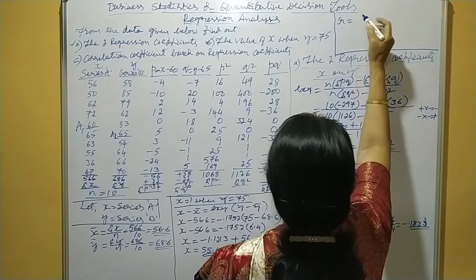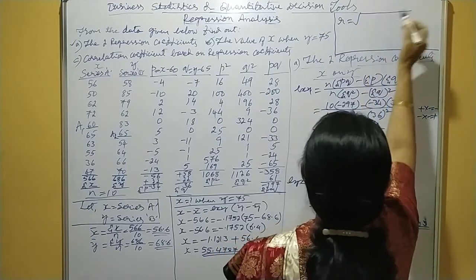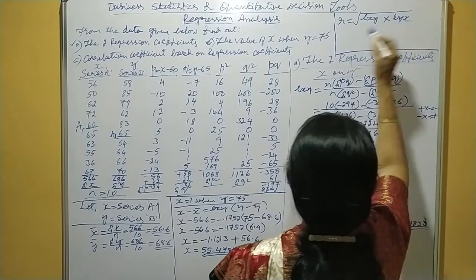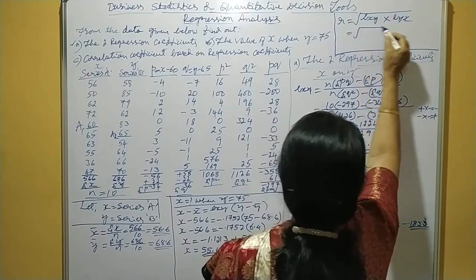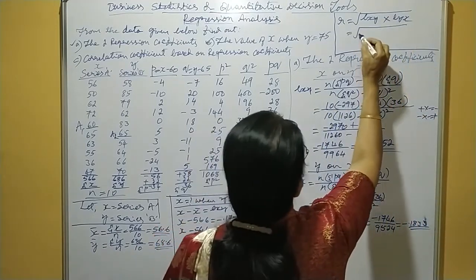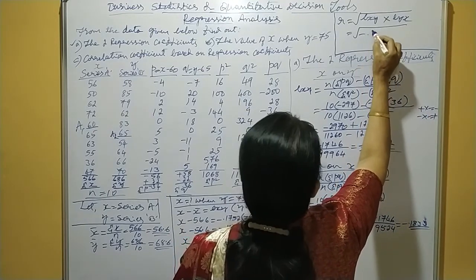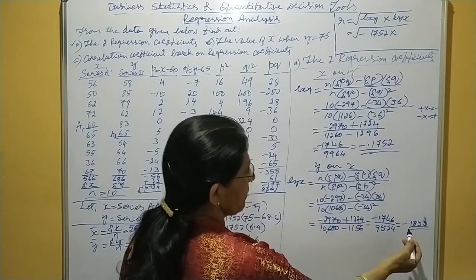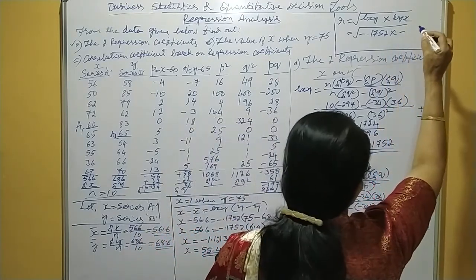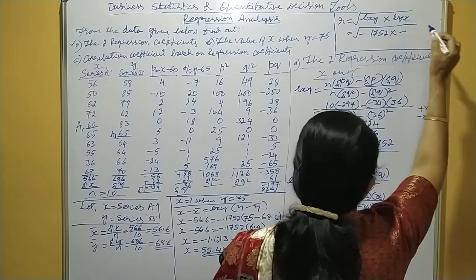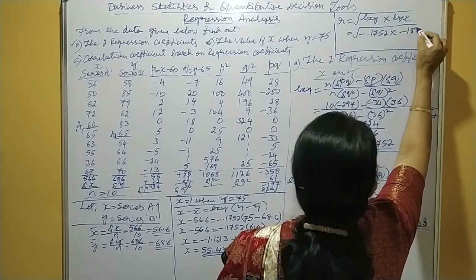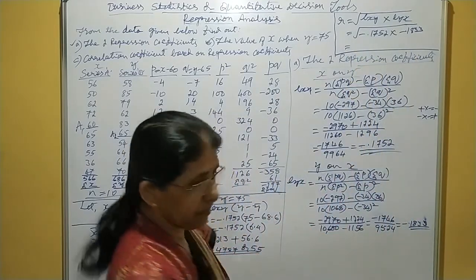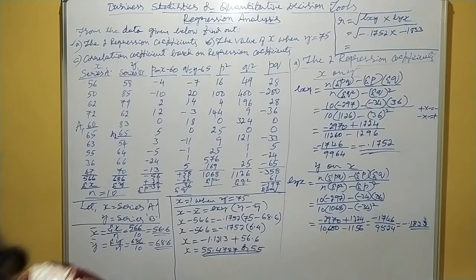What is the formula? r equals square root of bxy into byx. Now square root of bxy, that is minus 0.1752, into byx, minus 0.1833.